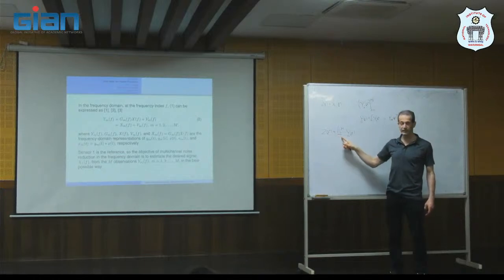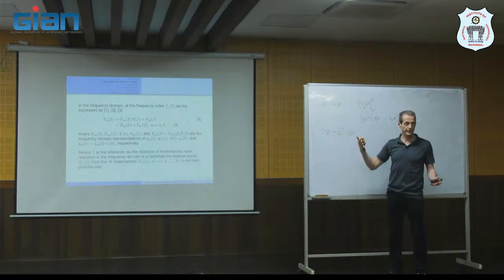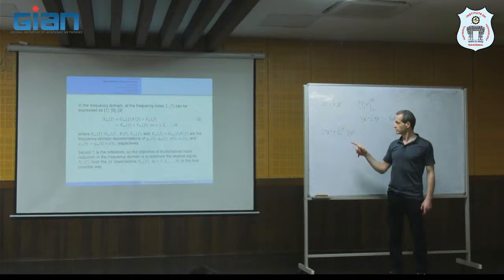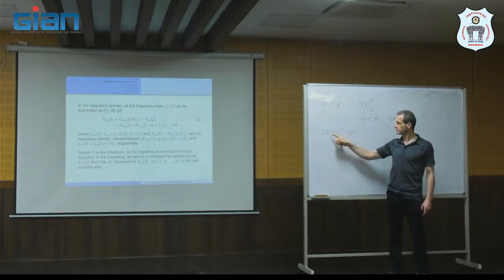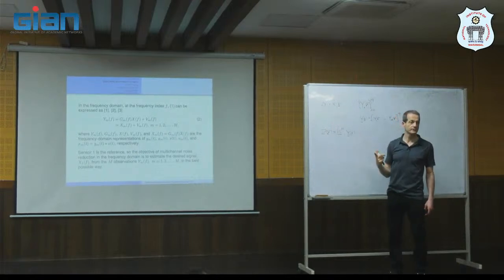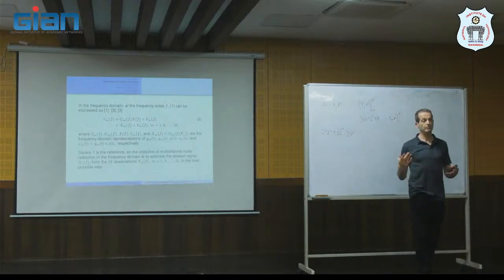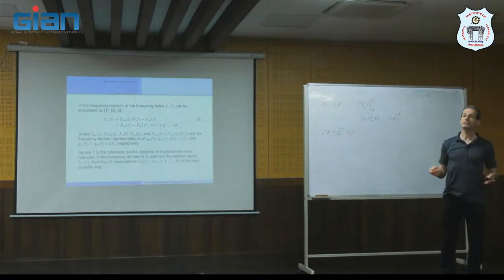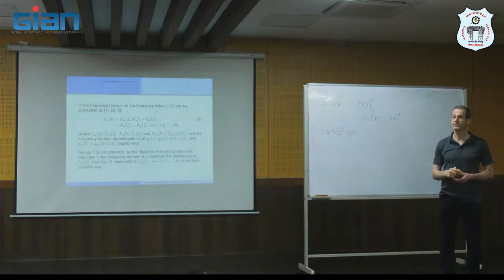Here, instead of a filter vector, I will get a filtering matrix. Okay? So the filtering matrix will derive the estimation of all frequencies using this matrix. And I can find the optimal filtering matrix for different performance measures.